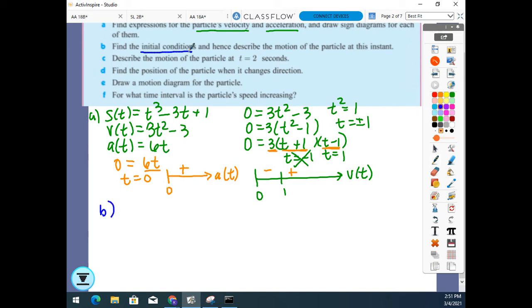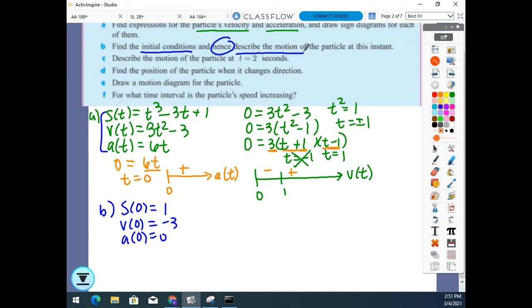All right, letter B. The initial conditions. So I'm just going to come back to my equations. S of 0 is 1. V of 0 is -3. And A of 0 is 0. Using these, describe the motion of the particle.